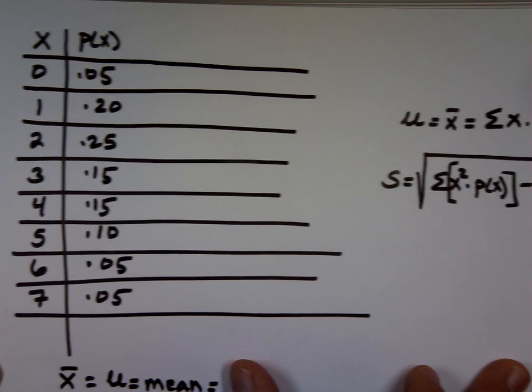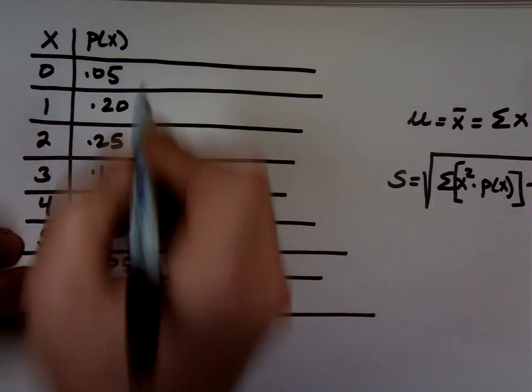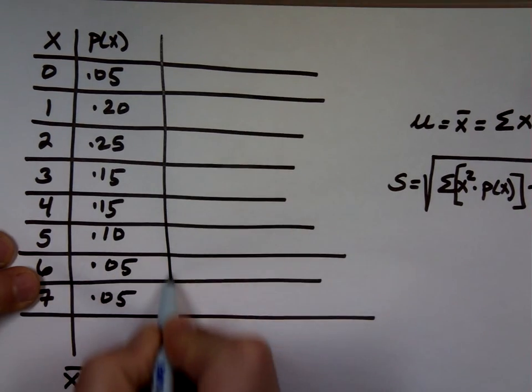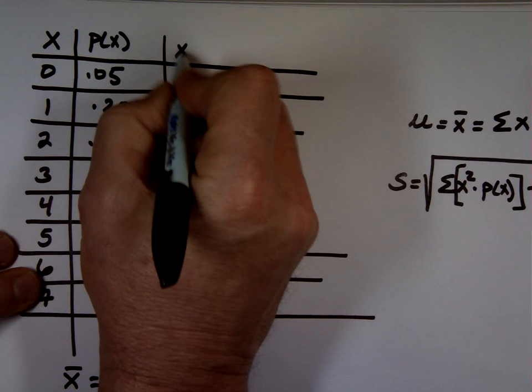So I need to actually make a column here, and I want to make a column x times P of x.